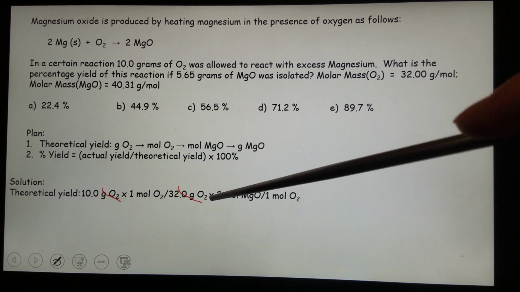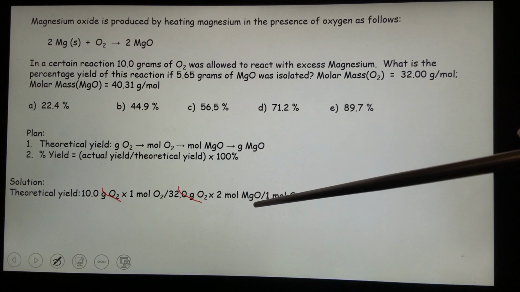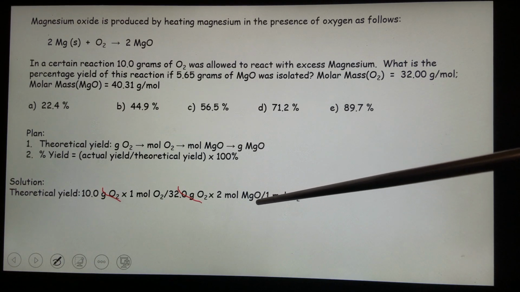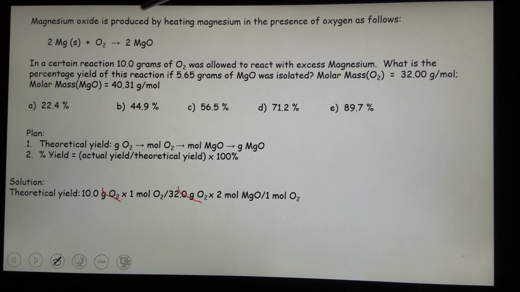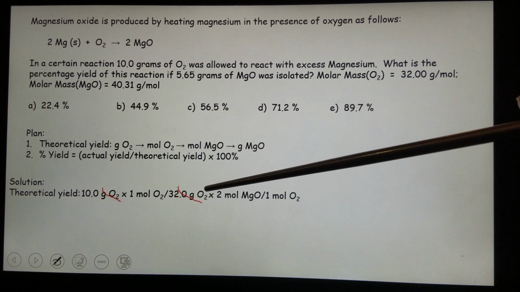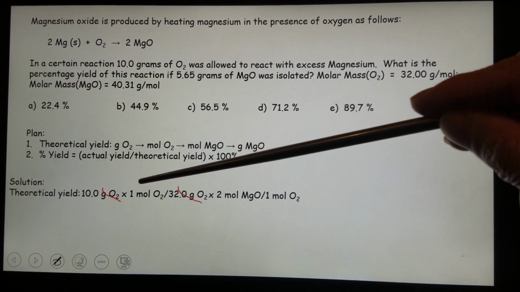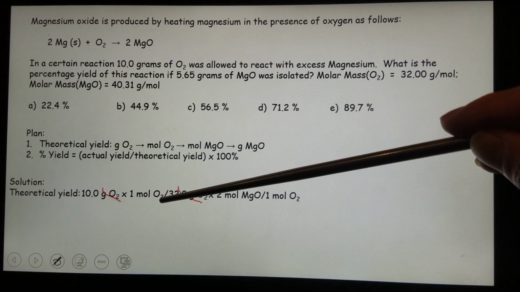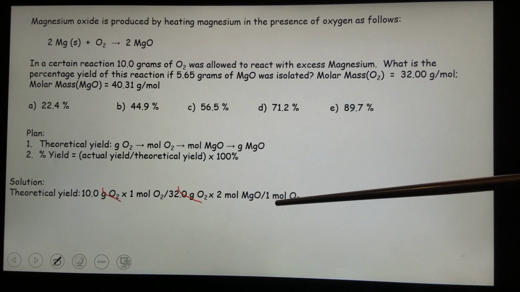Next, we convert from moles of oxygen to moles of magnesium oxide, and the conversion factor is the coefficient ratio in this balanced equation. After canceling the grams of oxygen, we just have the moles of oxygen left from that step. So converting from moles of oxygen, put that on the bottom.